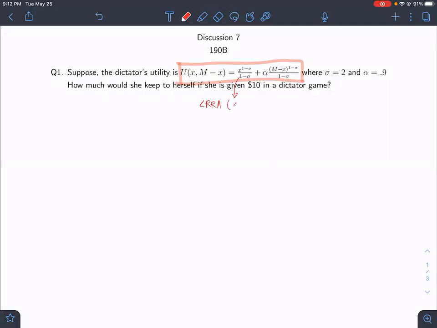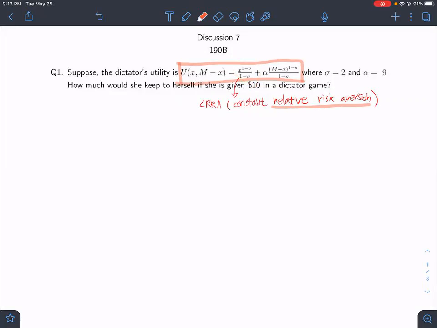The exact meaning is constant relative risk aversion. There's something called the relative risk aversion parameter. If we compute relative risk aversion, it will be constant for this type of function.